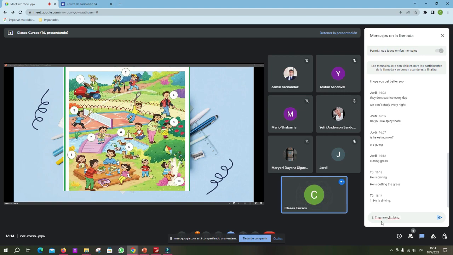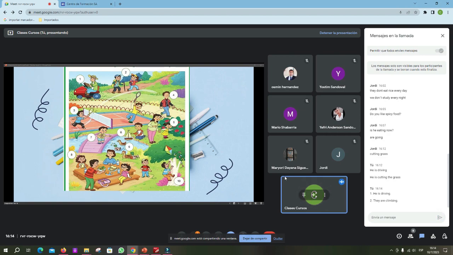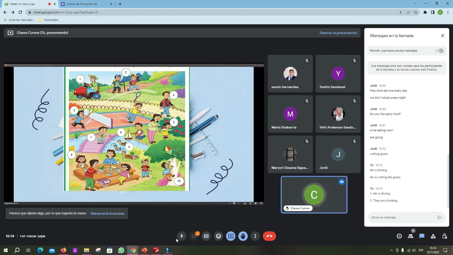So continue with that one. You're going to have 5 minutes. Write down the sentences here in the chat, okay? Look at the picture, look at the numbers, and write down the sentence. So guys, work. Go ahead. And if you have questions, raise your hand and I will try to help you as soon as possible, okay? Work. 5 minutes. Use the chat, okay?